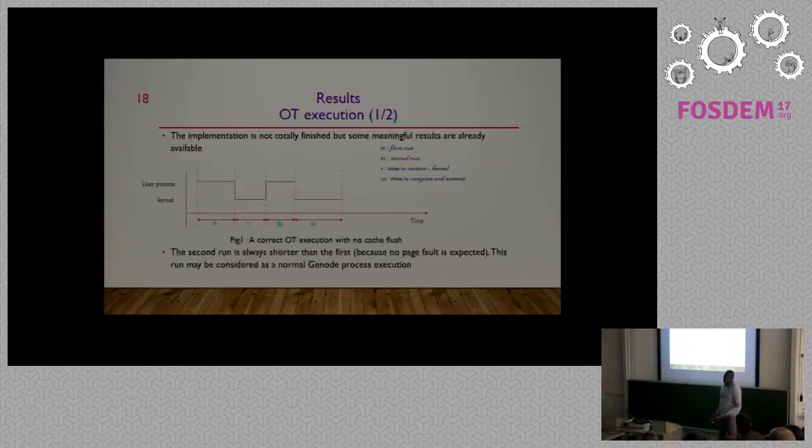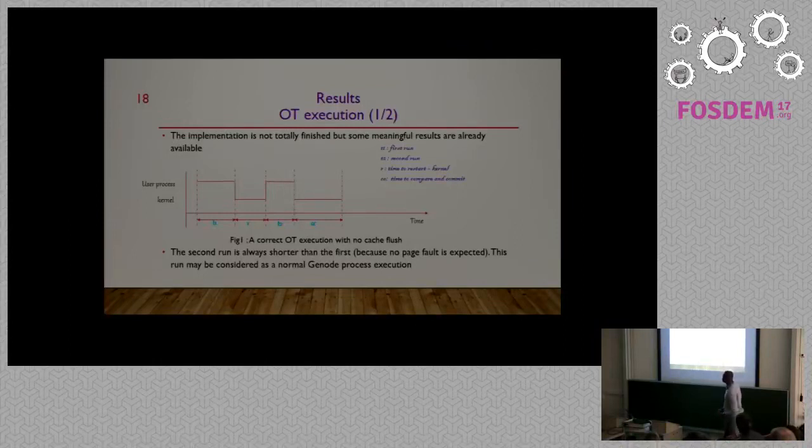Now we cannot answer these questions because the work is not fully completed, but we already have some results that give us some insight of what the system may be after it will finish.